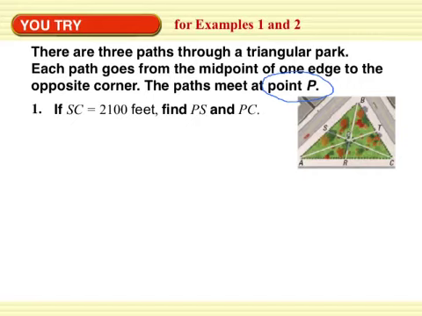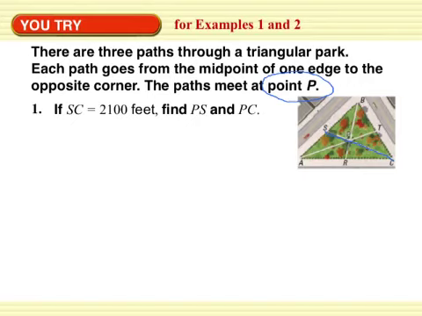If SC equals 2,100 feet, find PS and PC. Okay, if you remember the definition, the centroid is 2/3 of the distance from the vertex to the midpoint.